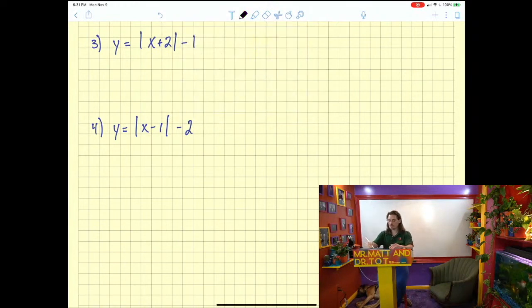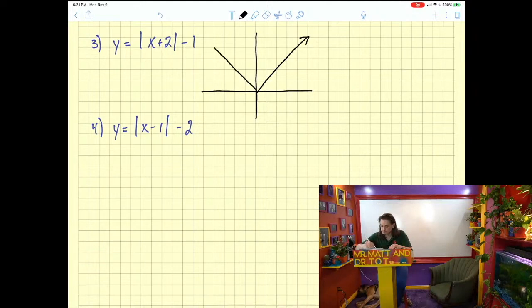Okay, so if I start by just plotting the parent function here, so that's equal to the absolute value of x. If I evaluate this form here, this shift, the h value is plus 2. Remember, the h value is opposite common sense.